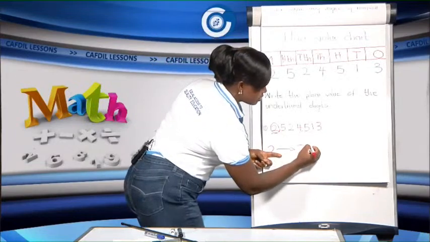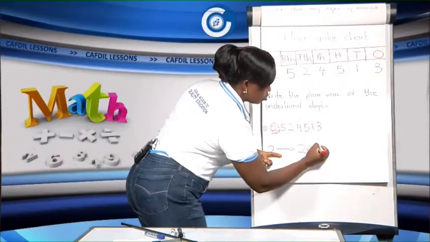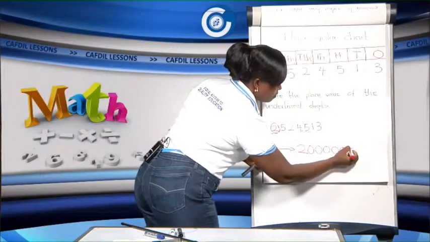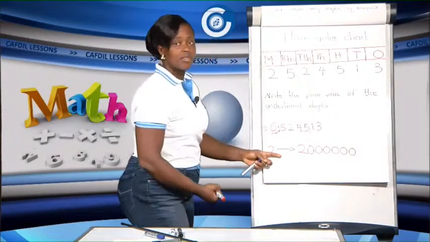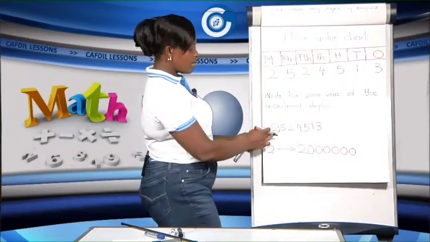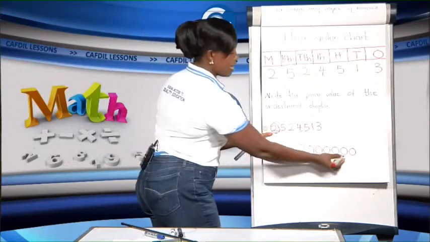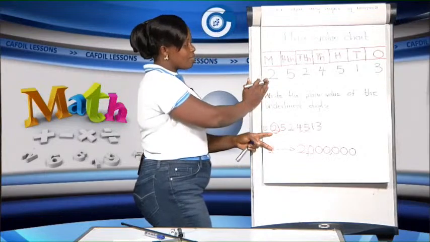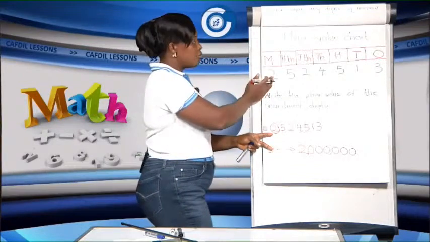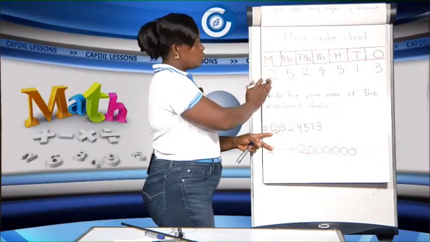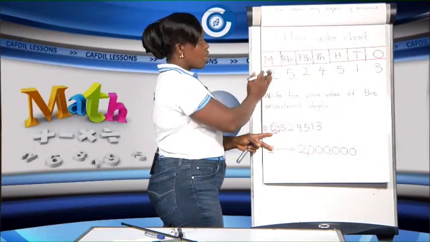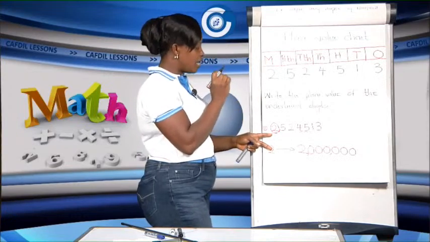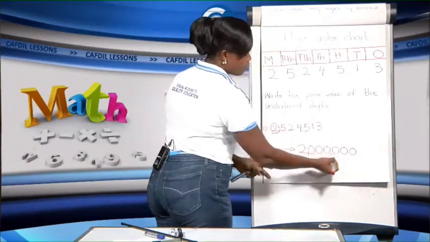So let's write it. 1, 2, 3, 4, 5, 6. So the value of this underlined 2 over here is 2 million. And when we come to the chart, 2 is under millions. So 2 of the millions will give us 2 million.